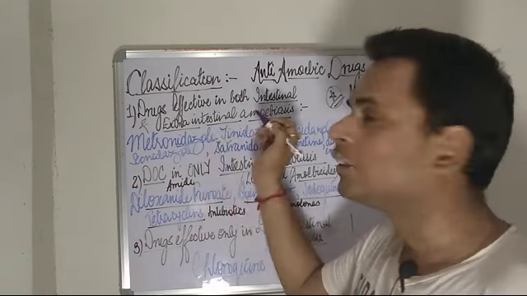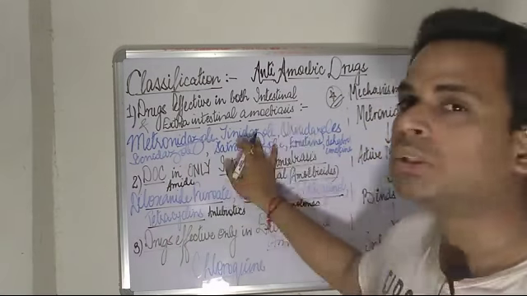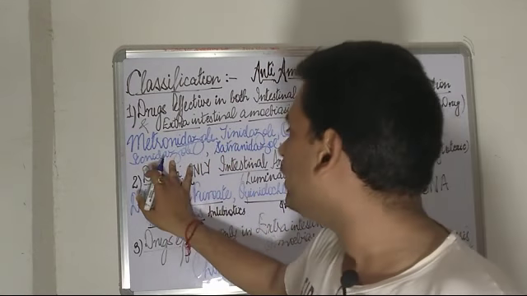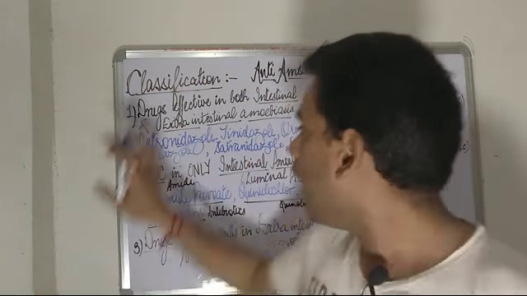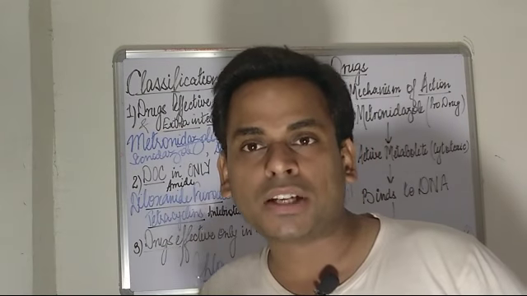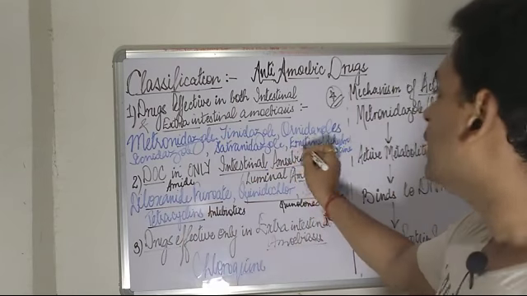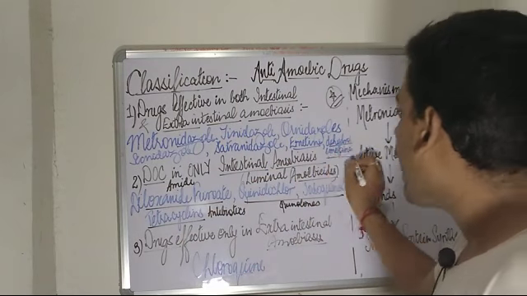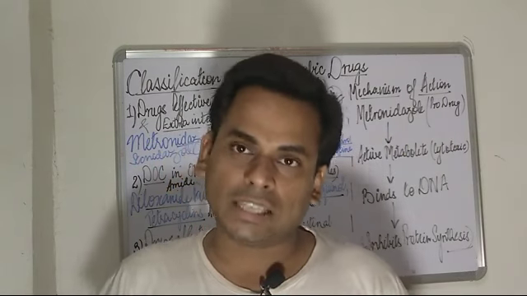So students, do remember in this category we have drugs ending with the suffix idazole. These are metronidazole, tinidazole, ornidazole, secnidazole, and satranidazole. Do remember that the drugs ending with the suffix nidazole come under the class of compounds called the nitroimidazoles, whereas emetine and dehydroemetine come under the class of the alkaloids.